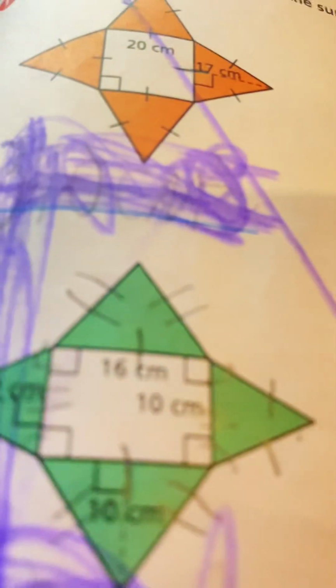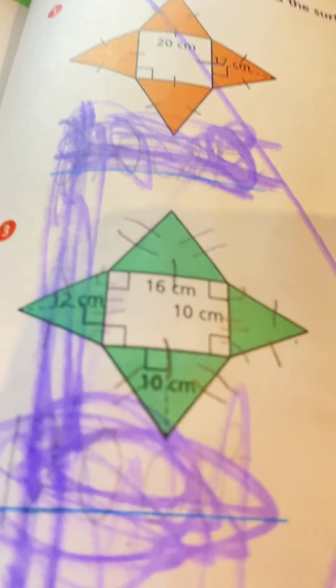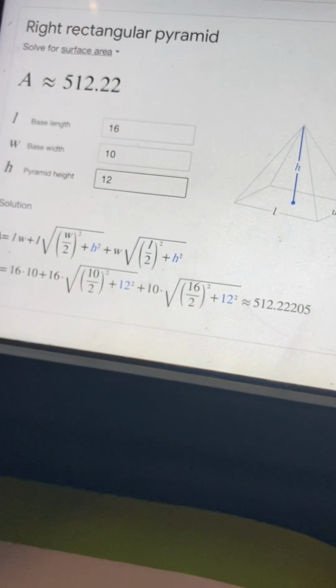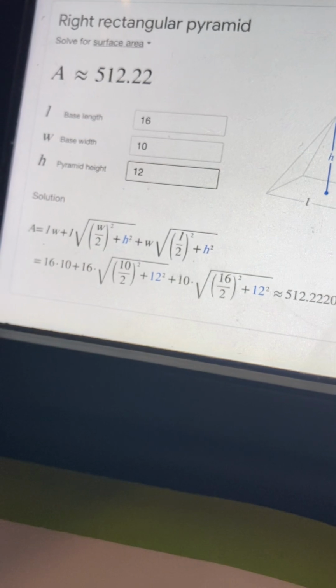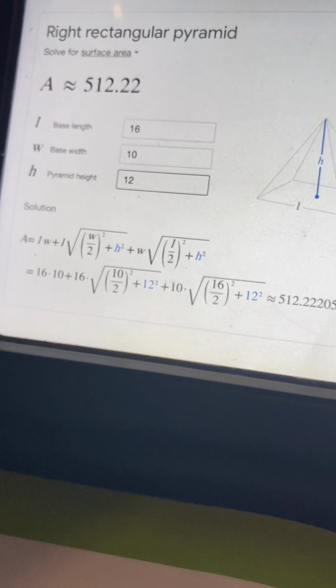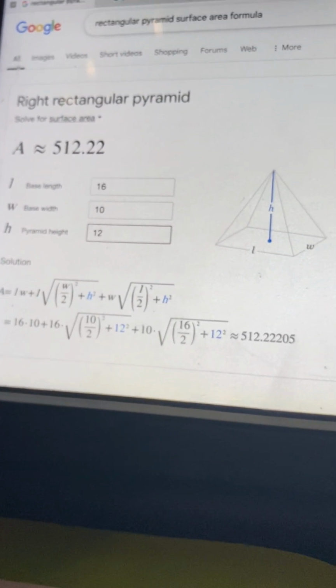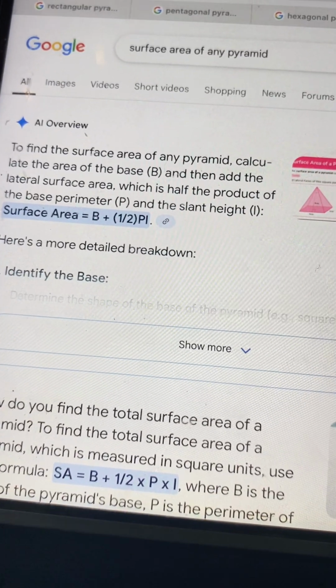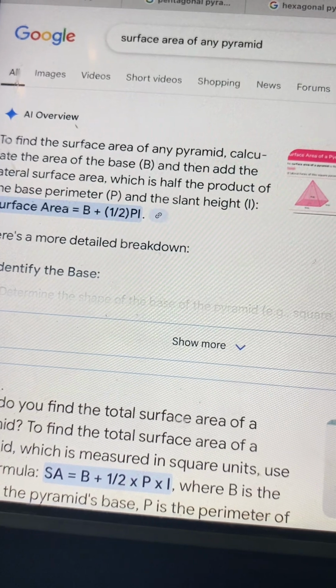However, 440 is the surface area of its net when it's in a flat shape. So, the surface area of the pyramid is different than the area of its net. So, be careful over here. But simply, again, the surface area of any pyramid is B plus 1/2 times PL.